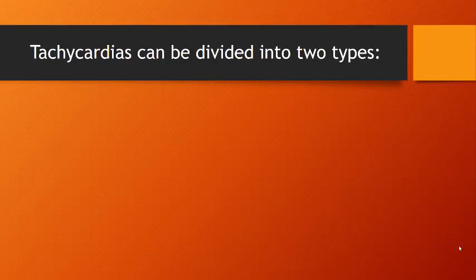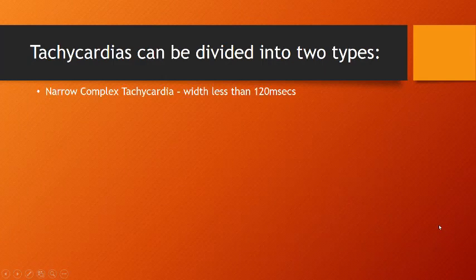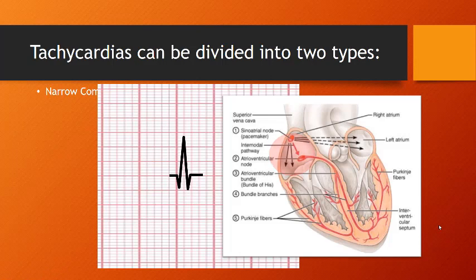Now, these tachycardias can be divided into two basic types. These can be narrow complex tachycardias or wide complex tachycardias. In narrow complex tachycardias, the QRS complex is less than 120 milliseconds, which means that when we divide it into the small squares that you see on the ECG paper, it is usually less than 3 small squares.